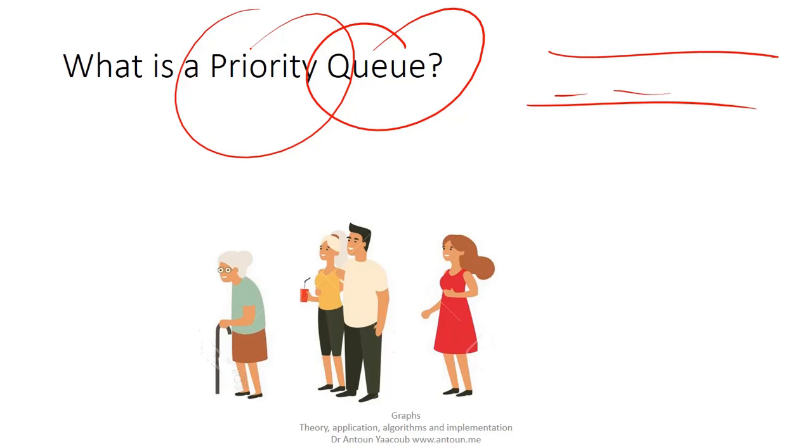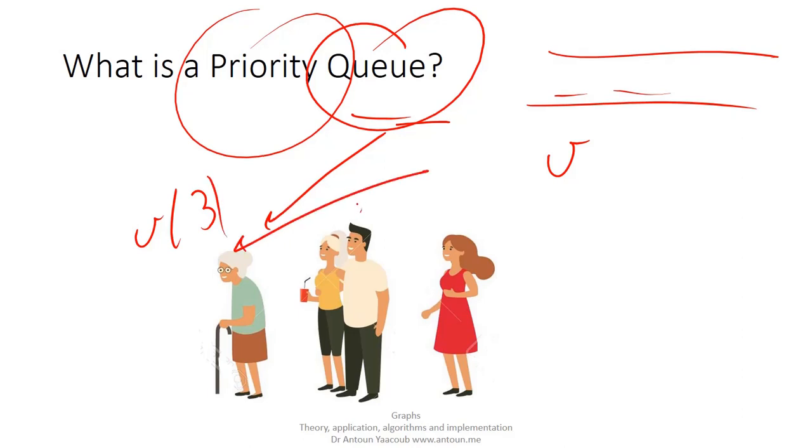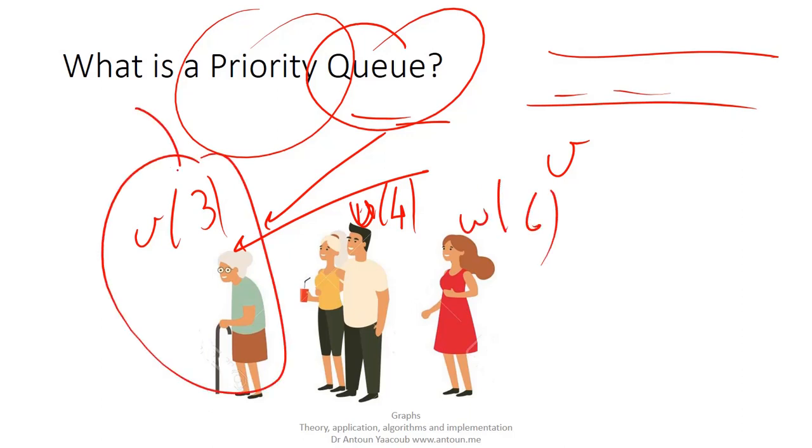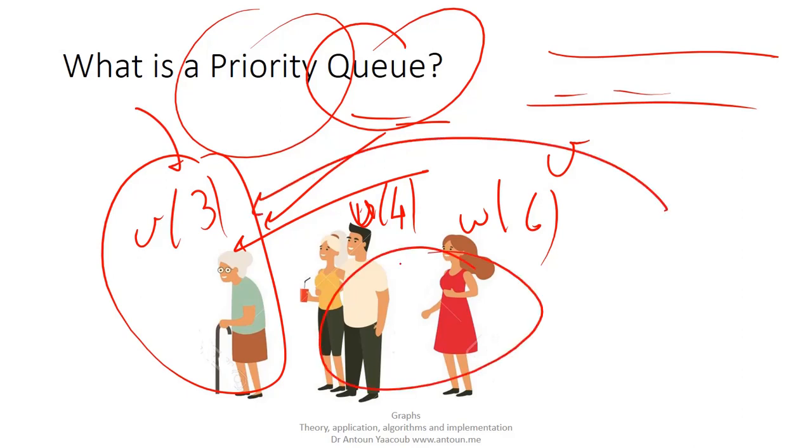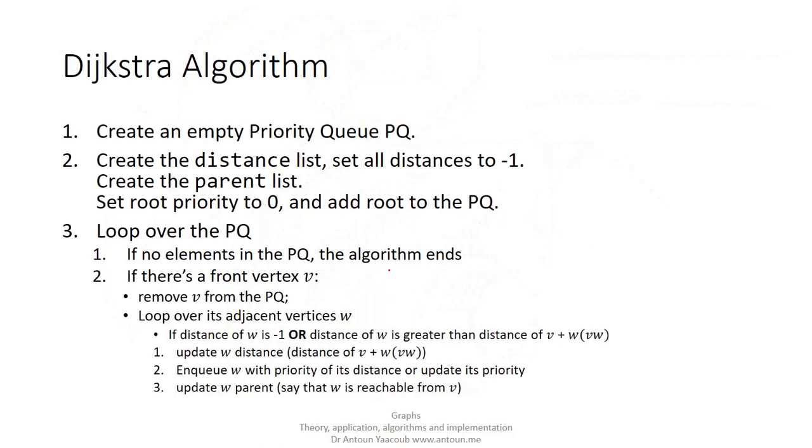We have a queue, and whenever we have people with a priority, I let them pass first. In our case, we have vertices, and whenever we have a vertex with a small distance, I make it pass first. If this vertex U is of distance 4 and this W is of distance 6, and this old lady with distance 3 comes, I will place it in front of both. So let's see Dijkstra's algorithm.